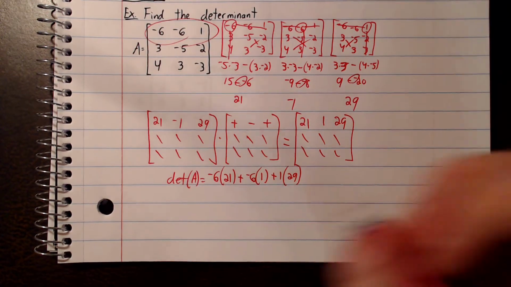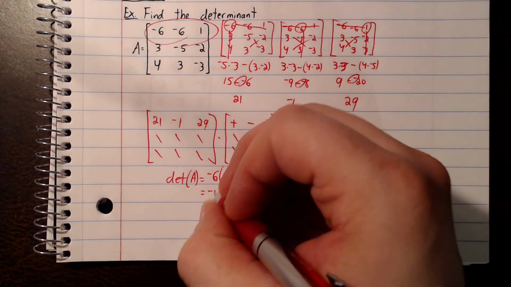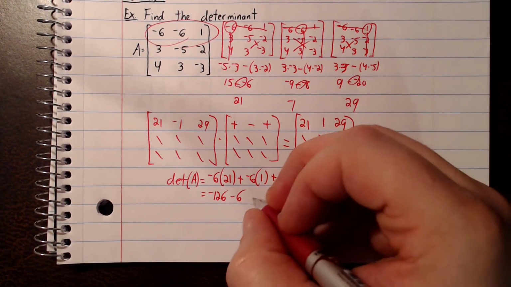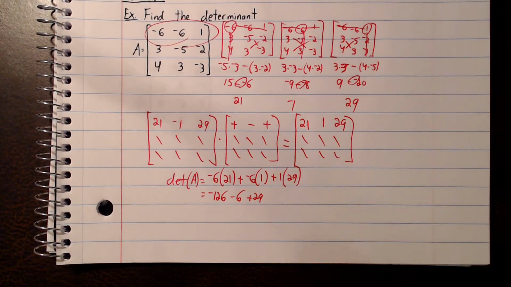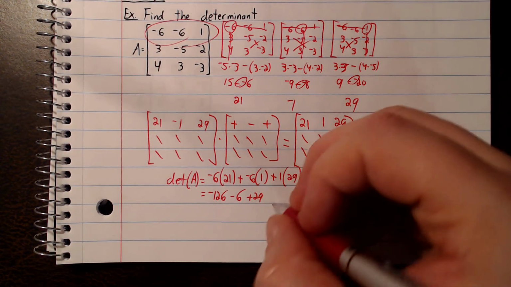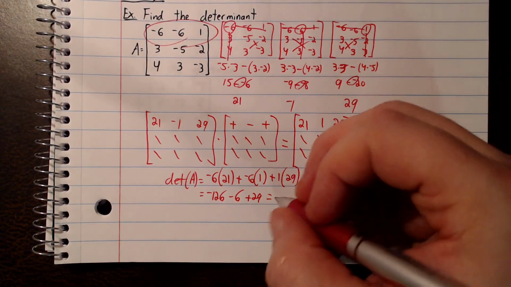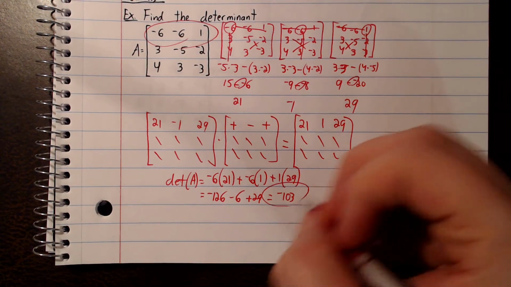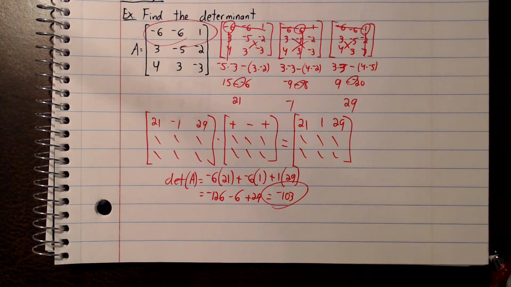We've got to do negative 6 times 21. That's negative 126. Minus 6 plus 29. Add those up. That's negative 132 plus 29, so 132 minus 29, that's 103. Keep the minus sign. There we go. That's our determinant. Hope you found that same one.